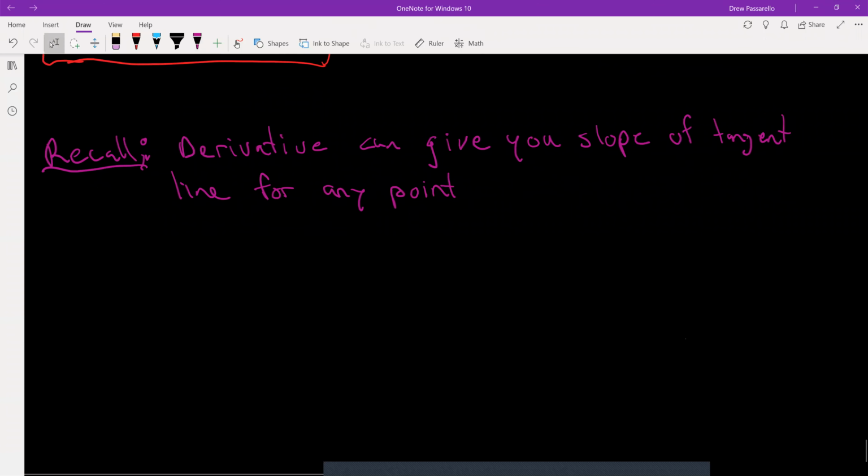All right, so for the following, you're going to find the slope of the tangent line for the given point.